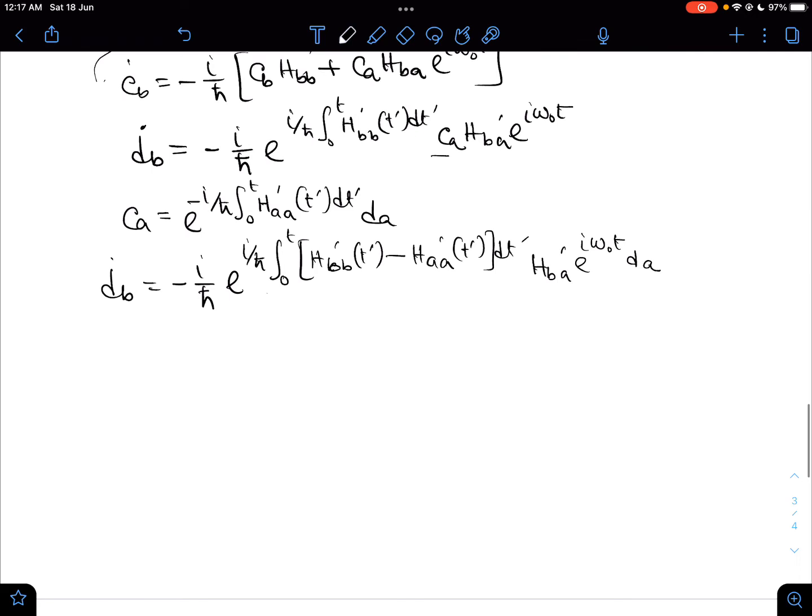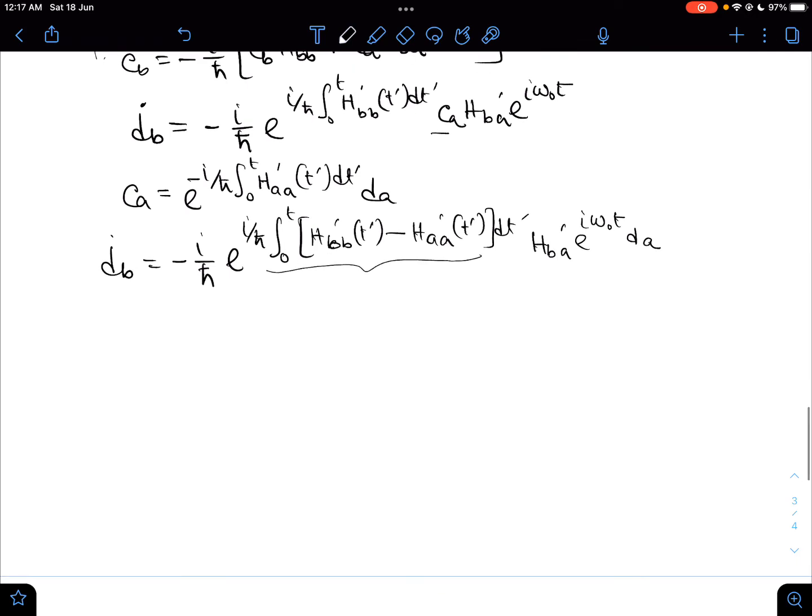So again we can replace this by phi, and we will have minus i/ħ e^(-iφ) and other terms. So H_ba' e^(iω0 t) dA.